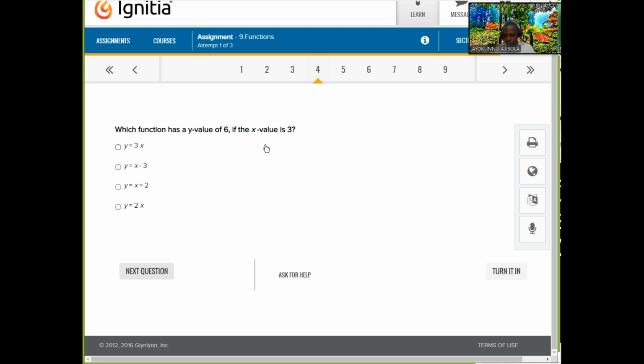Third option, that is 3 plus 2, that's 5. So y cannot be 6, okay? So 2 times 3, the last option, okay? Because it says x is 3, so 2 times 3.